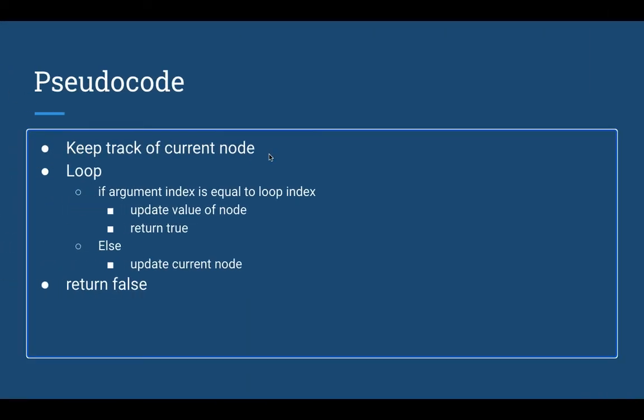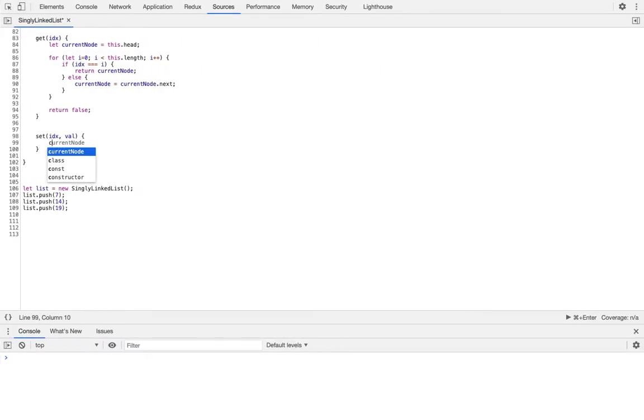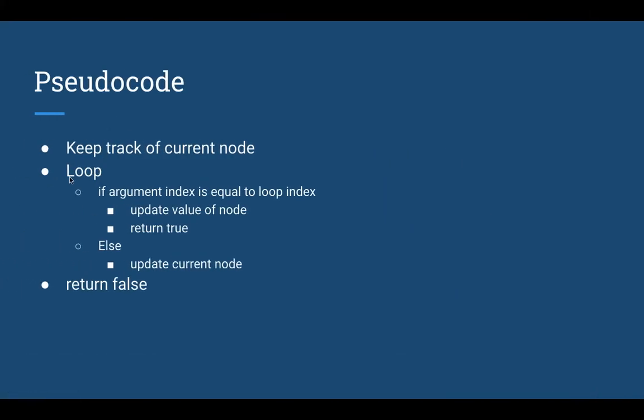Okay, so looking at our pseudocode, you will see it is very similar to the get method if you saw that video. Just a few changes. To get started, I'm going to keep track of the current node. So here, I'm going to do let currentNode equal this.head. Next, we're going to make a loop.